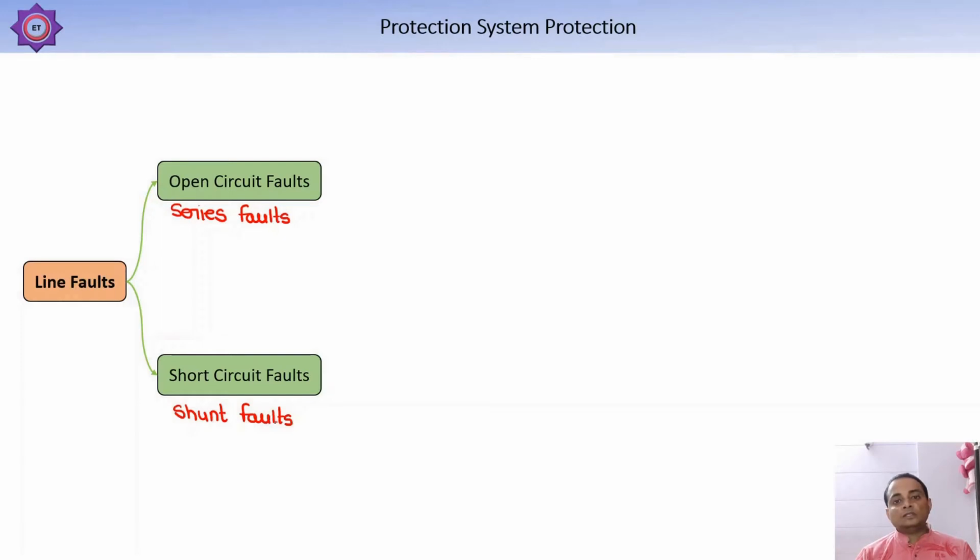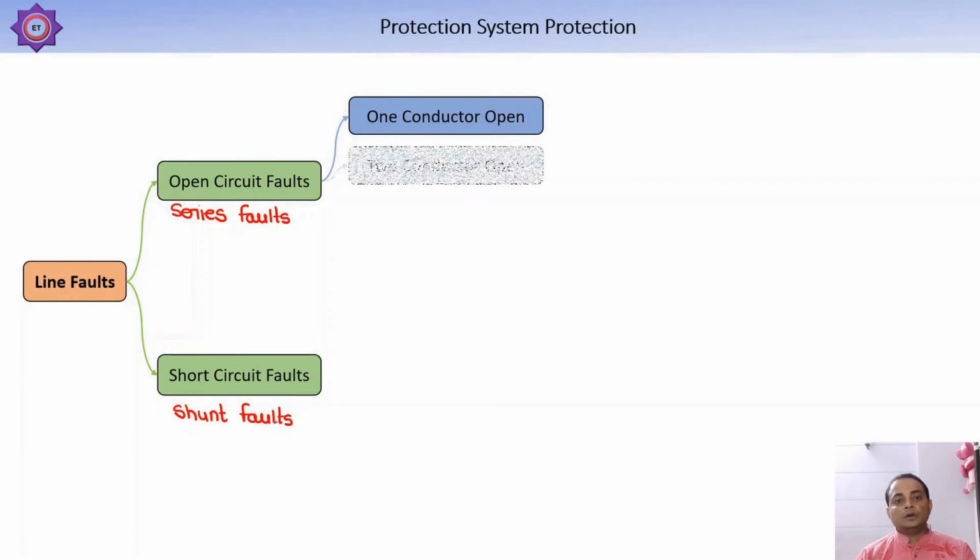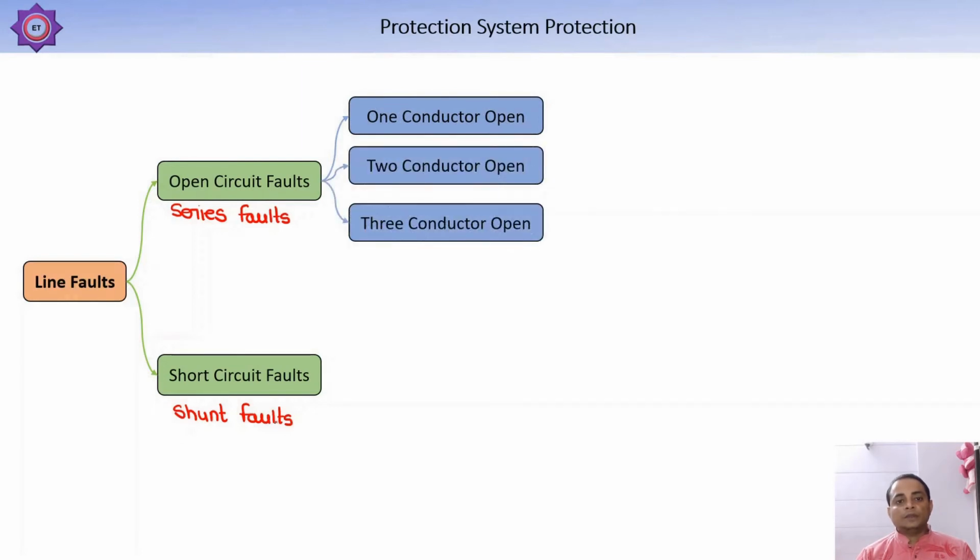The open circuit faults may occur by 3 means: 1 conductor open, 2 conductor open or 3 conductor open. And short circuit faults are divided into 2 parts.